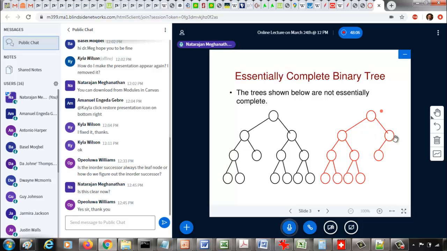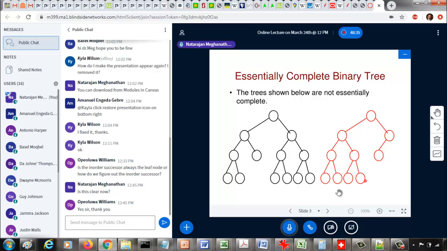But I say this is also not an essentially complete binary tree. Why? There are 2 rules to be essentially complete. The first rule is what? The nodes up to the level before the last level should form a complete binary tree. Now this is not a complete binary tree up to level h minus 1 because this node is missing a right child. So it's not a complete binary tree. But in the last level, the nodes are as far to the left as possible.